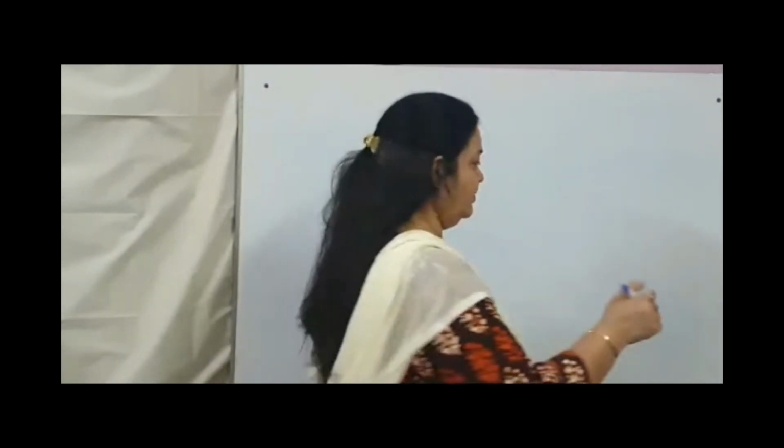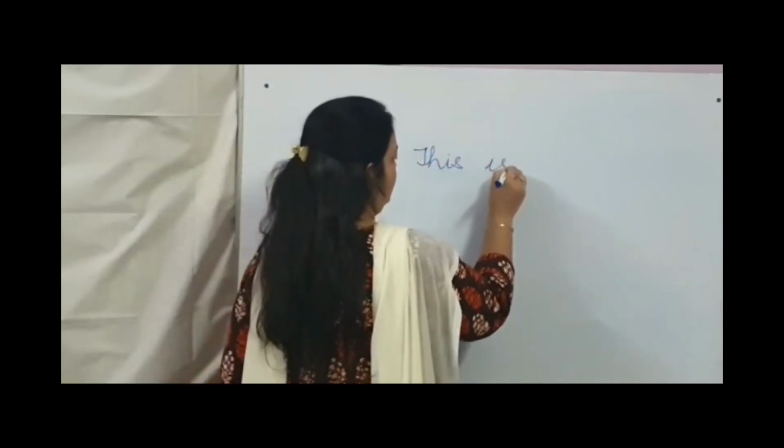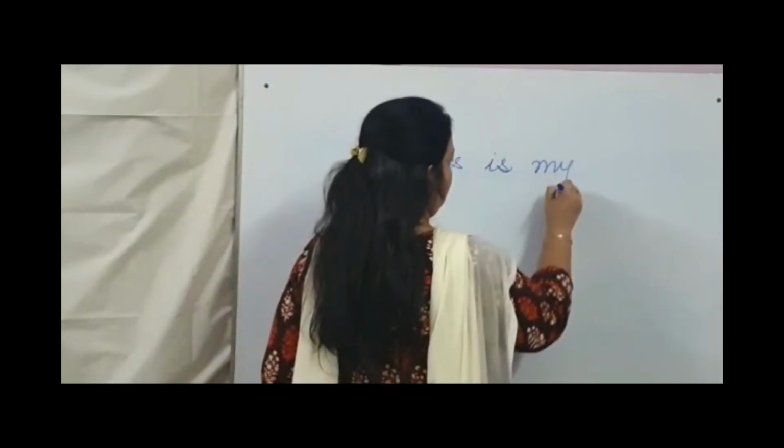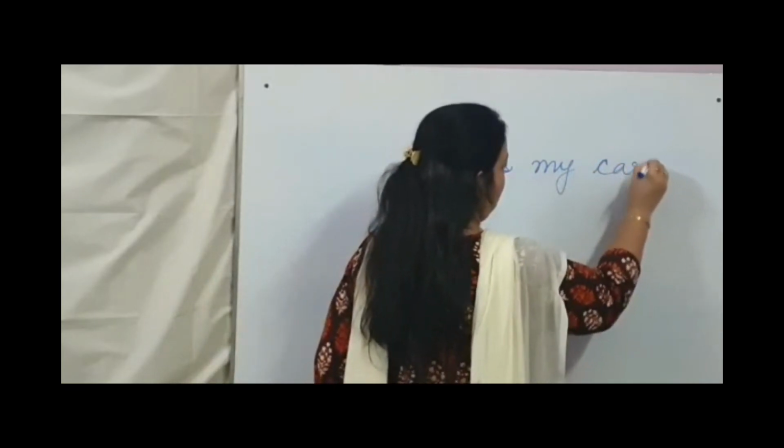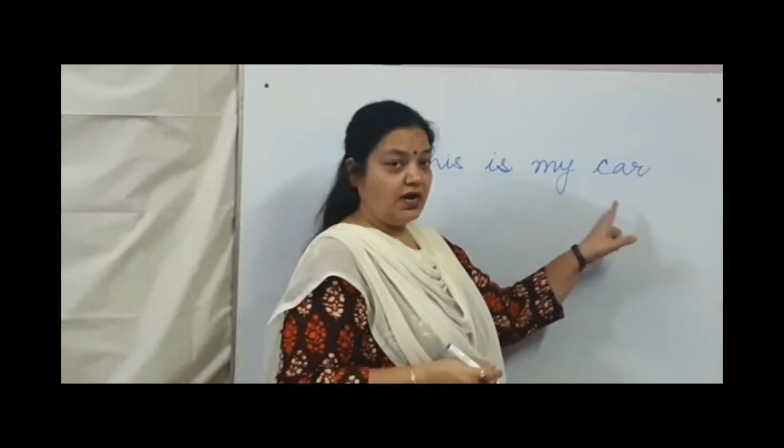With these words, children, again, you might be getting confused that these are pronouns. But I want to make it very clear at this point that when the word is used before a noun, it is not a pronoun. It is a determiner. I'll give you an example and explain. Here, my is used before car.